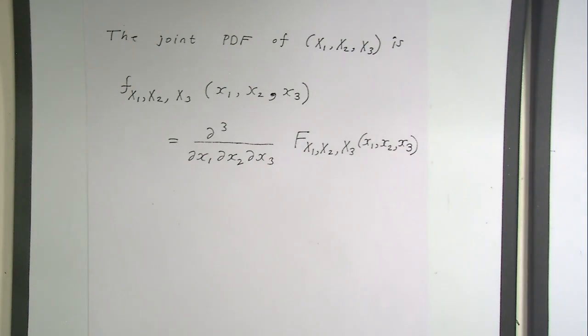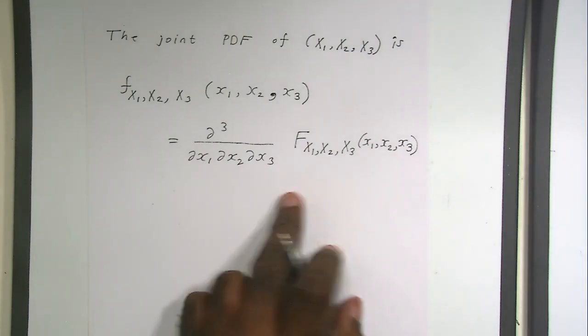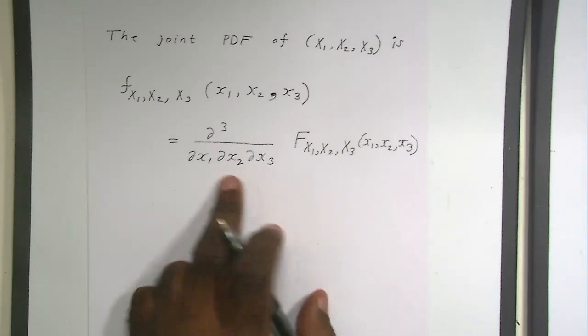You can differentiate this joint CDF 3 times with respect to these variables to get the joint PDF.